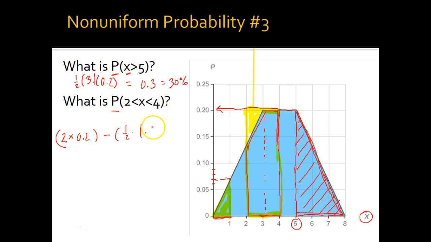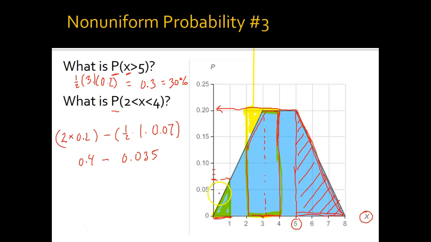Okay, so 2 times 0.2 is 0.4 minus half of 1 times 0.7 is 0.035. And so I subtract. Now, think about that.